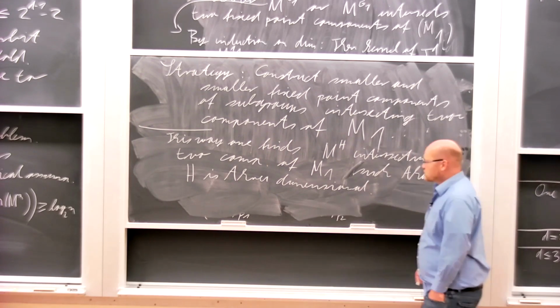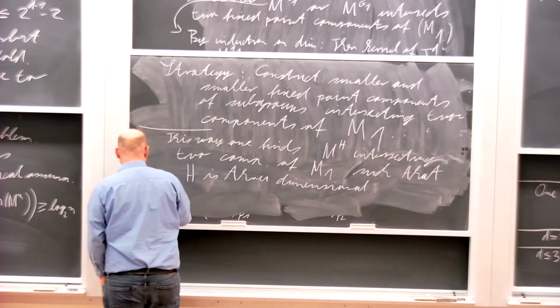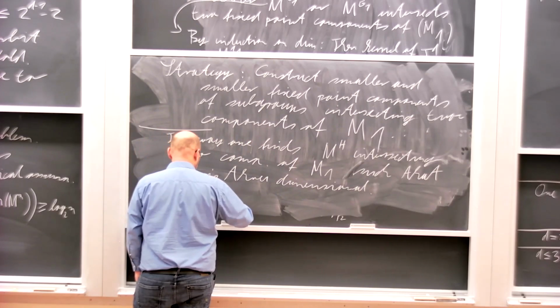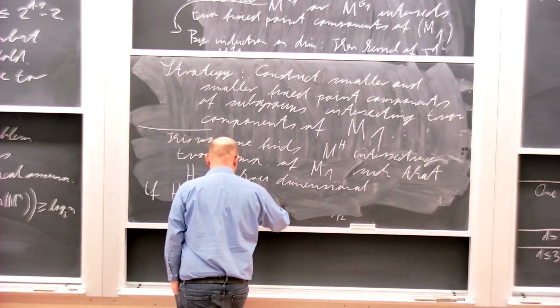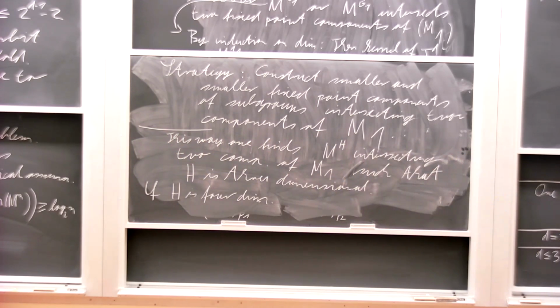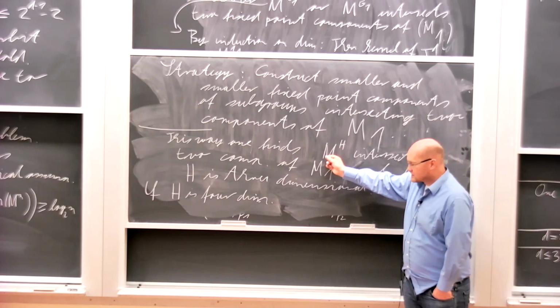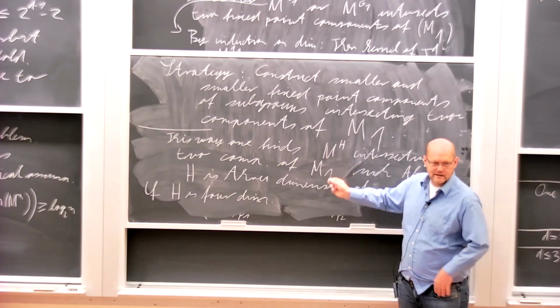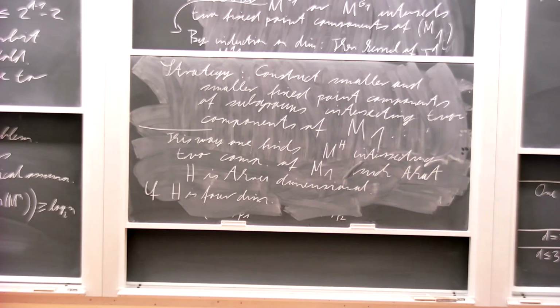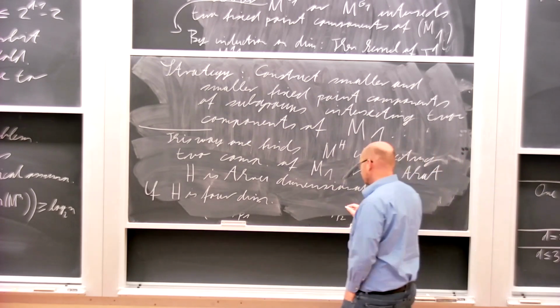Now, if H would be 4-dimensional, the contradiction would be perfect, right? Because then this fixed point component is the fixed point component of a 4-torus inside some other submanifold, and then it has the cohomology of a rank 1 symmetric space, and you would be done, right? So a contradiction arises.